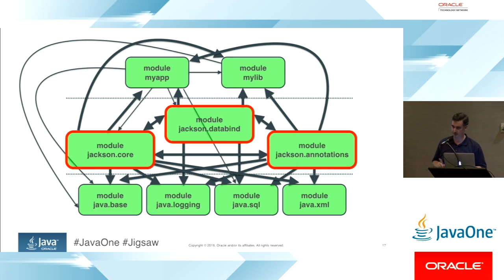You might think that the module system could run JDEPs on the jar files, those 3 jar files, at startup and try to figure out what modules they require, but that wouldn't really help. And the reason it wouldn't help is a bit subtle.